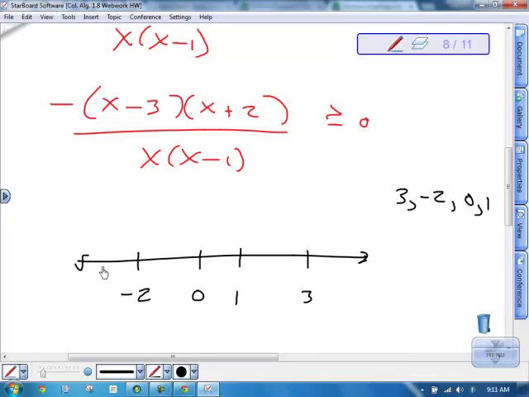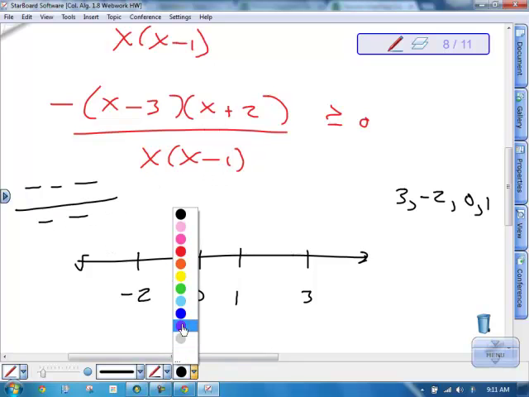So now let's pick a number less than negative 2, like negative 3. Let's find out what this is, positive or negative. So that negative has to stay there. That negative is always going to be there. Now, when I stick in negative 3, this would be a negative right here. It would give me a negative in the bottom and a negative in the bottom. So that's 5 negatives, so overall that's another negative right here.